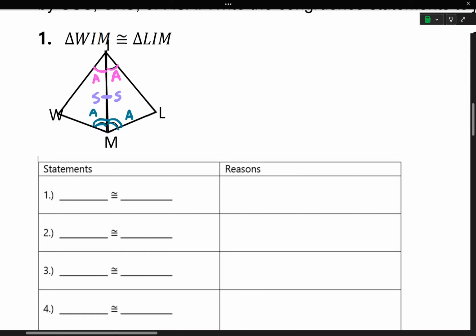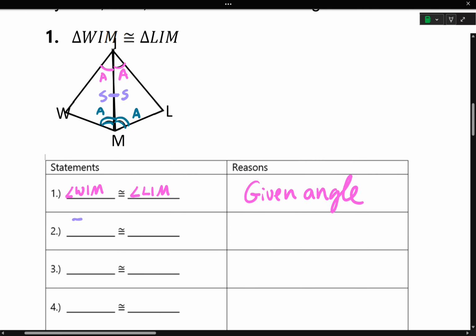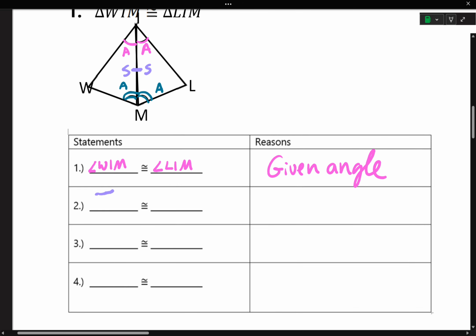Let's begin with that top angle. That's angle WIM. That's congruent to angle LIM. And this was a given angle. In the middle, we have the side that they share. And this is that funky part. Its side IM is congruent to side IM. They both have it. This is the reflexive property.